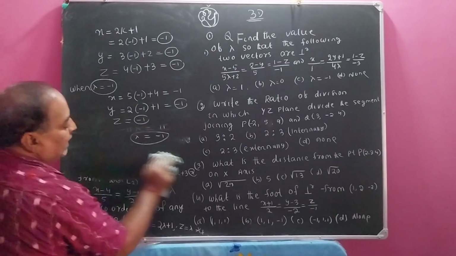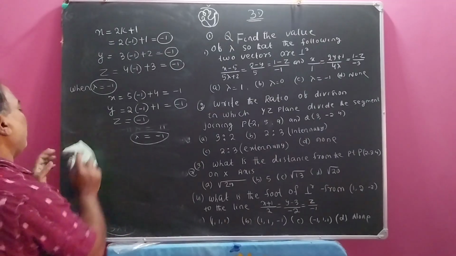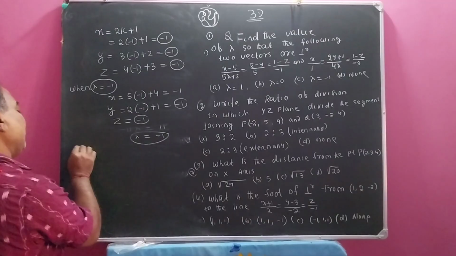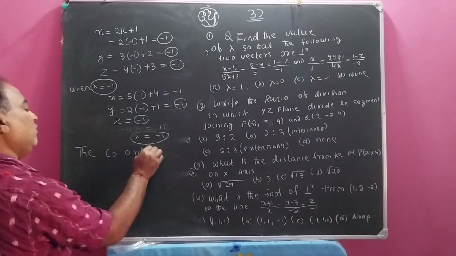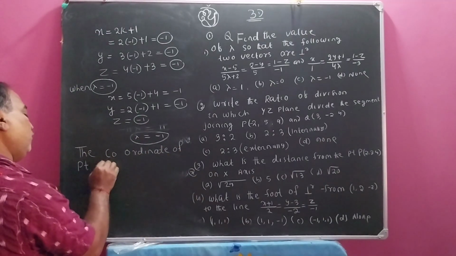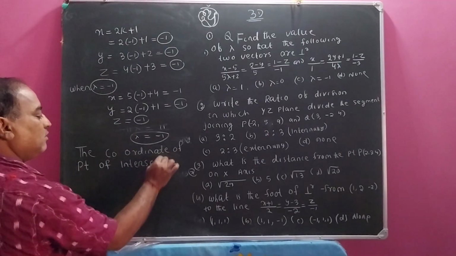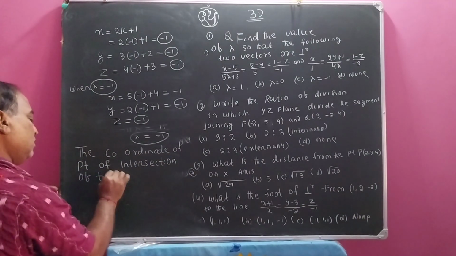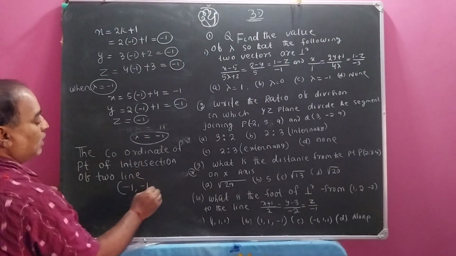Write down the coordinate of point of intersection. The coordinate of point of intersection of two lines is equal to minus 1, minus 1, minus 1.